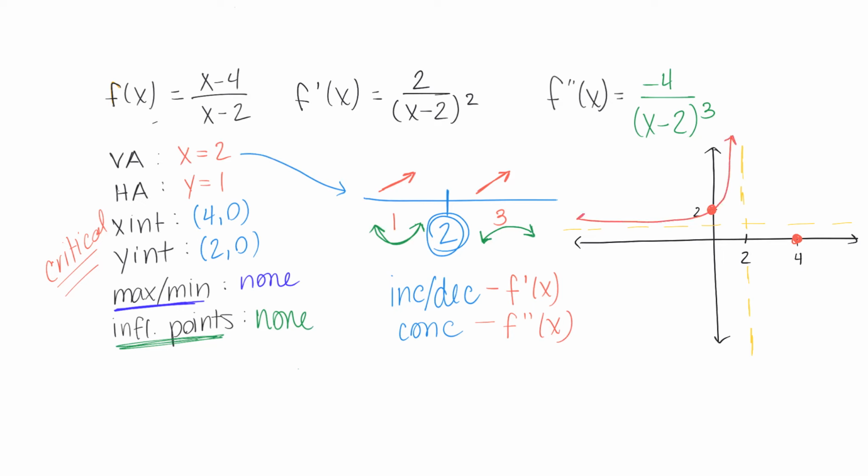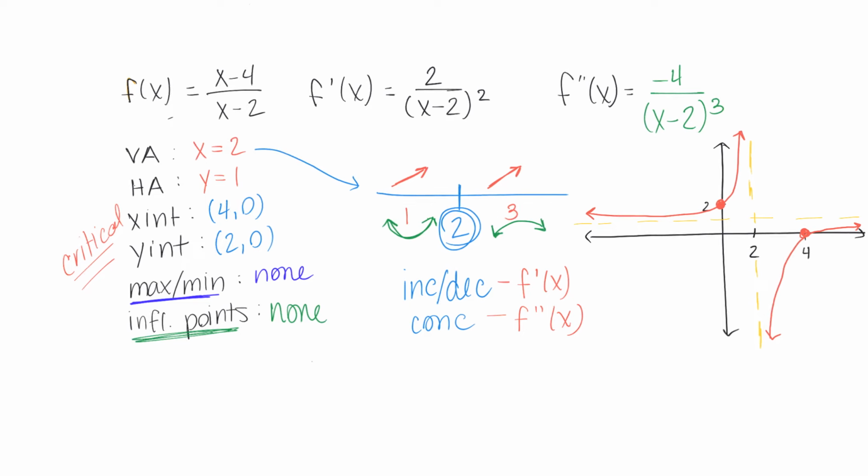Okay, is that increasing and concave up? Yes. On the right side of 2, I'm increasing and I'm concave down, and I need to pass through this 4. So increasing, concave down, pass through 4. And we're done.